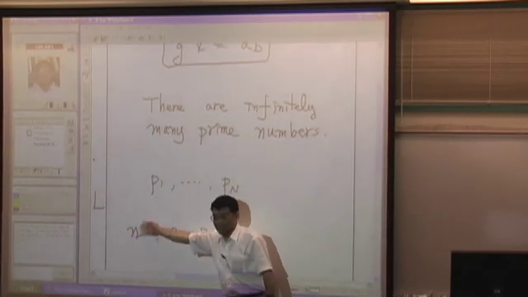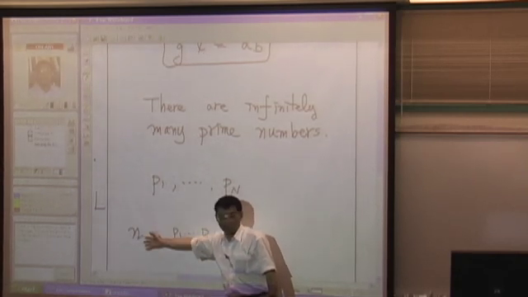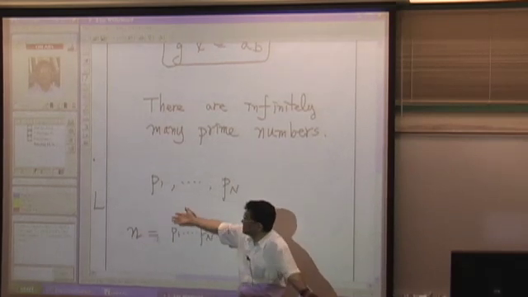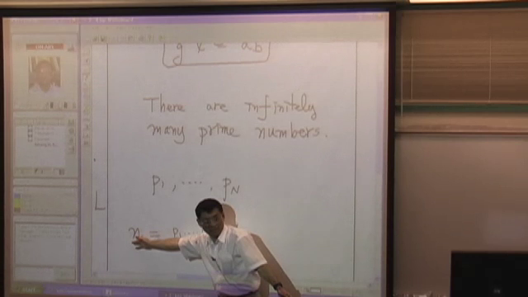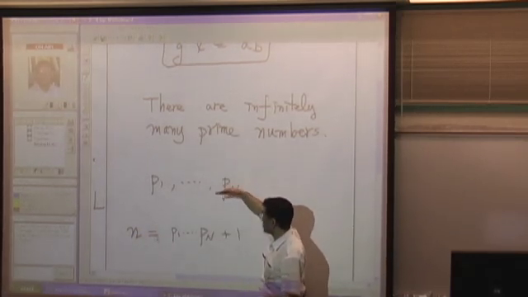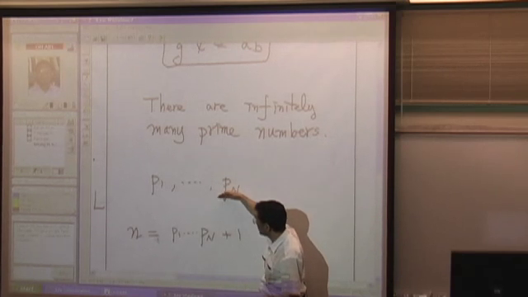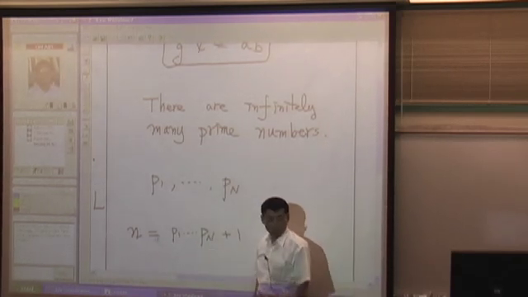N is not divided by these numbers. That means N is also prime, right? Because if it is not divided by any prime number in the world, then N should be prime. That means a contradiction, because in the first place we assume that these are the only possible primes, but now we have one more prime. Then contradiction.